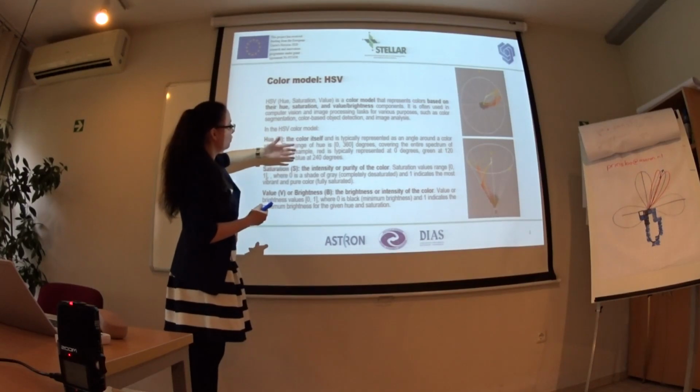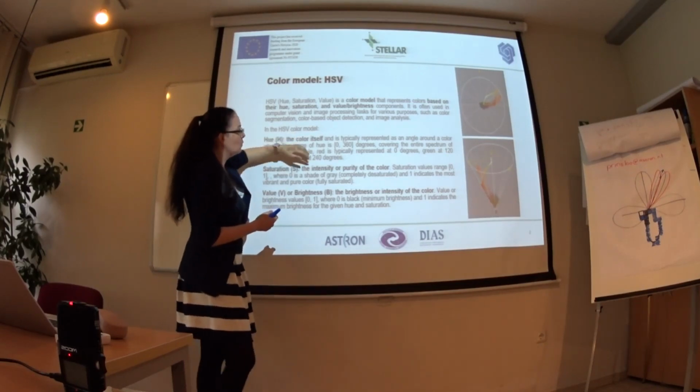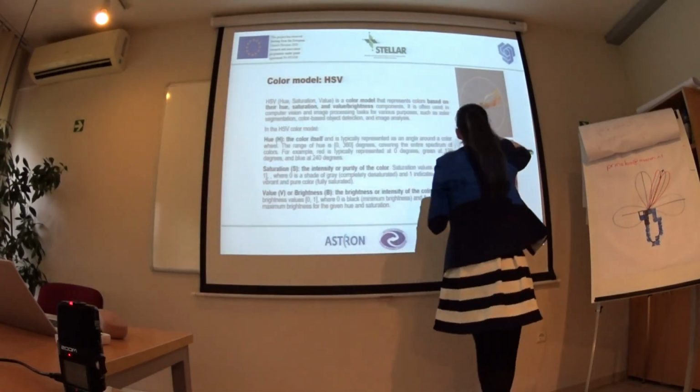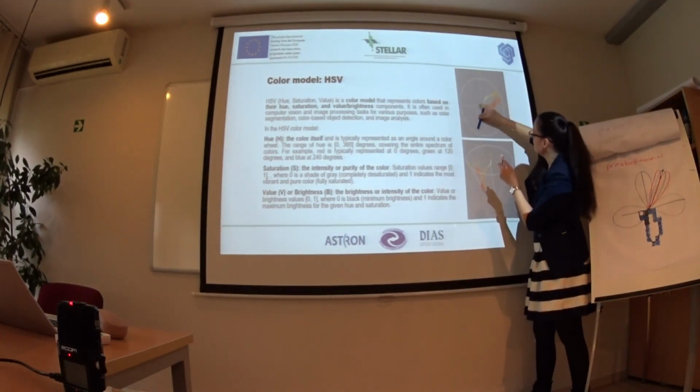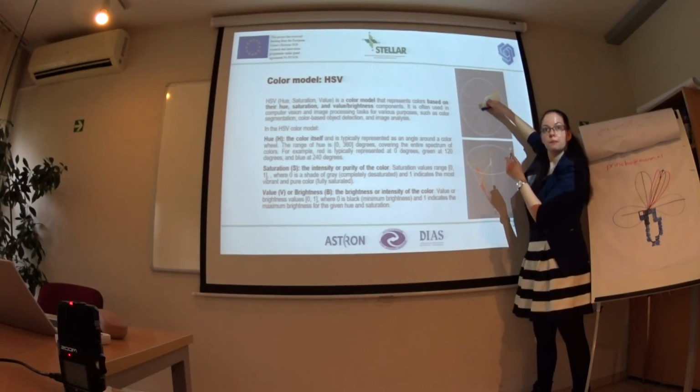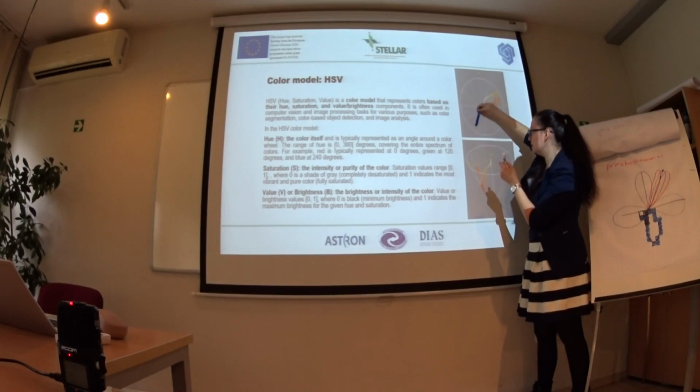So what will be the color itself? We can add it somewhere. That will be 360 degrees, right? We can draw this circle in 360 degrees.